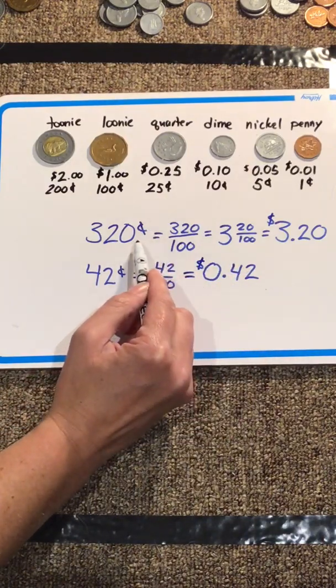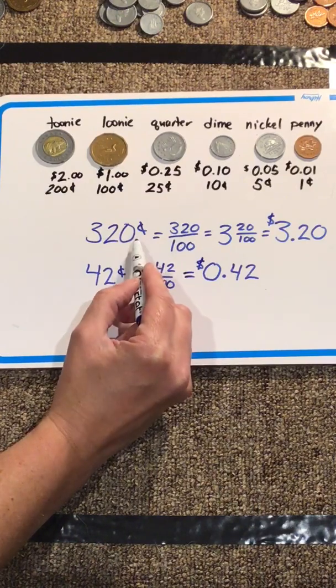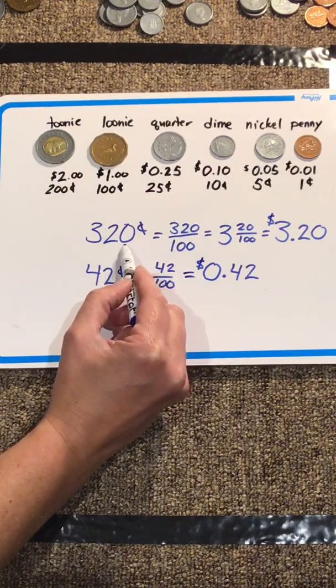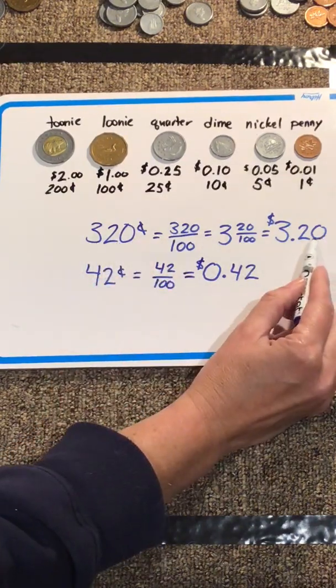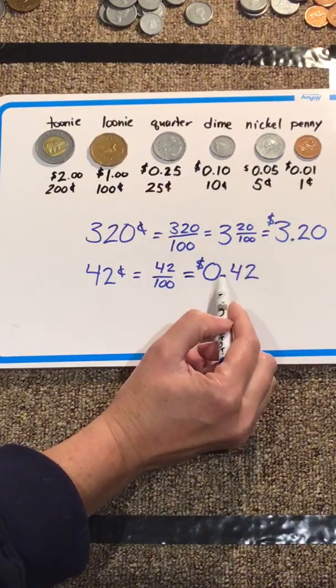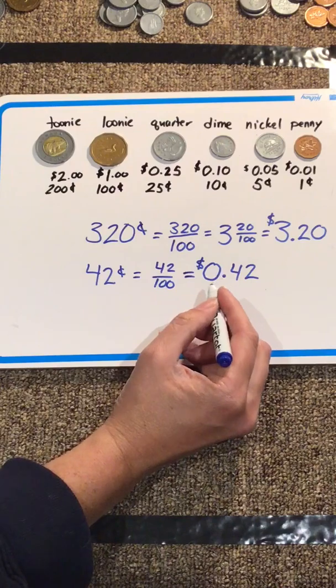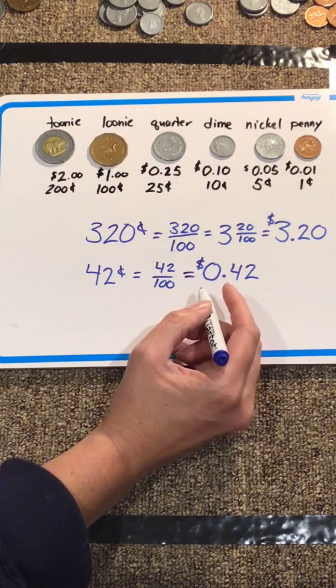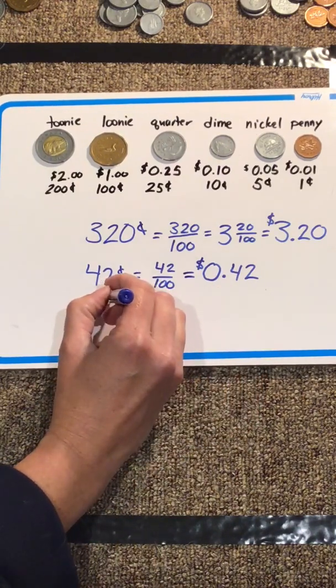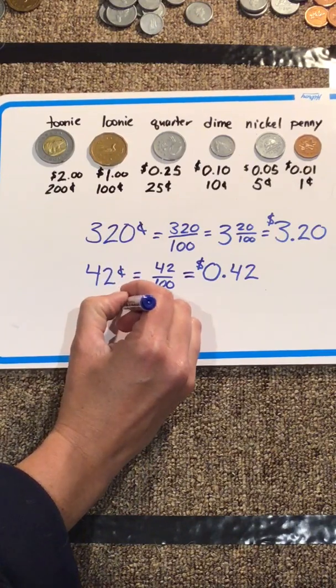Anyway, you might have noticed a little pattern. The decimal point would have been here, and it got moved 2 spots over on each of those. So the sneaky way to change cent notation into dollar notation is do the decimal slide.